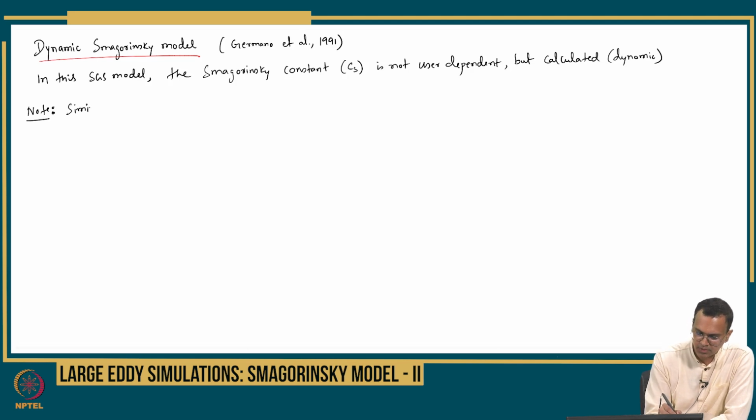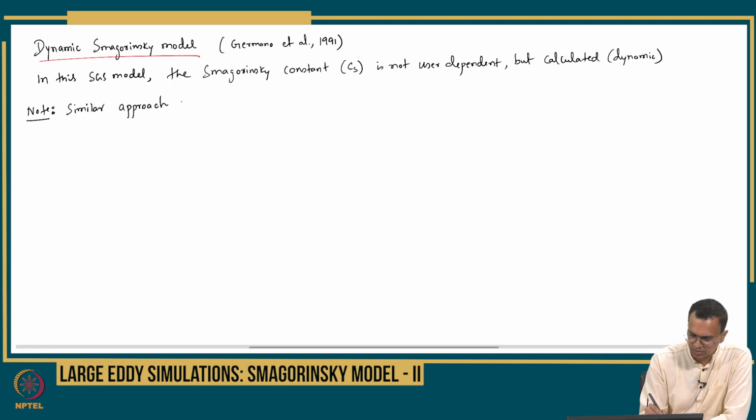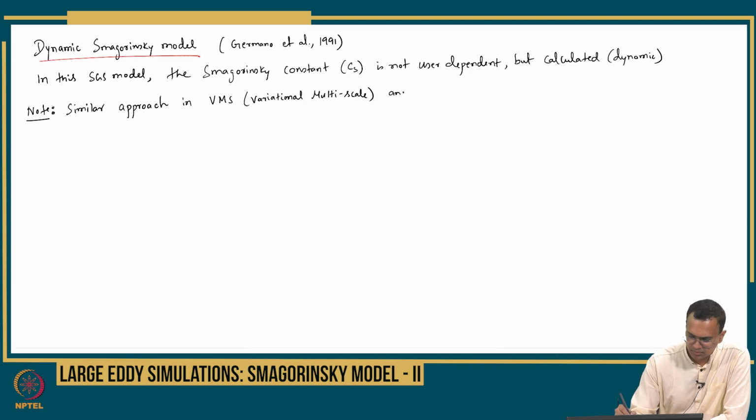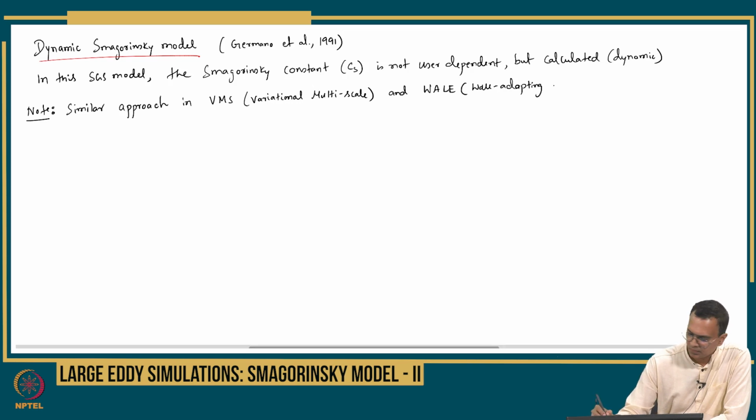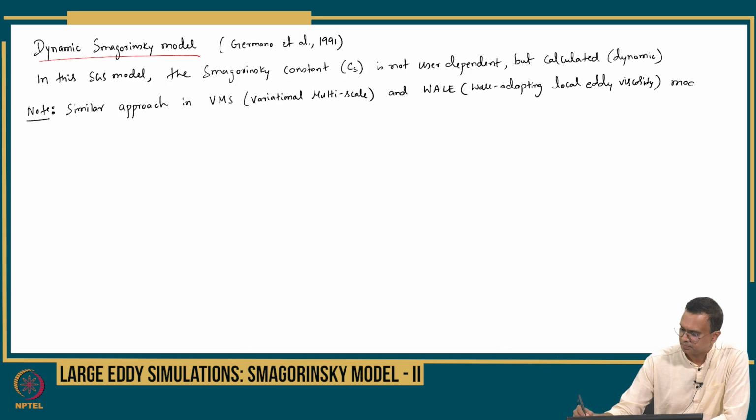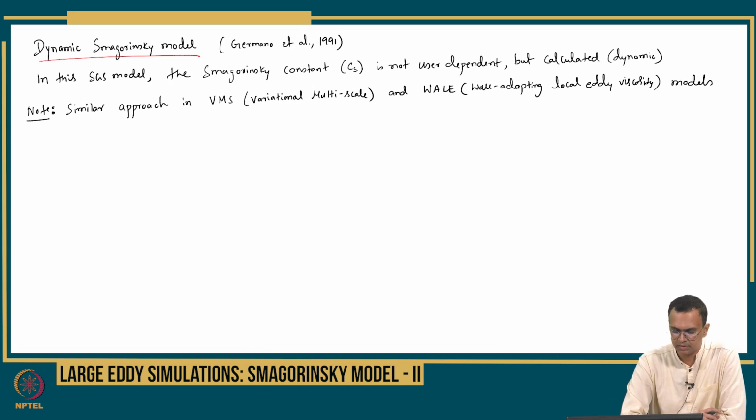A similar approach of dynamically computing the model constant is used in what is called the VMS model, that is variational multi-scale, and the WALE model, that is wall adapting local eddy viscosity. But we will come back and focus on the dynamic Smagorinsky model.